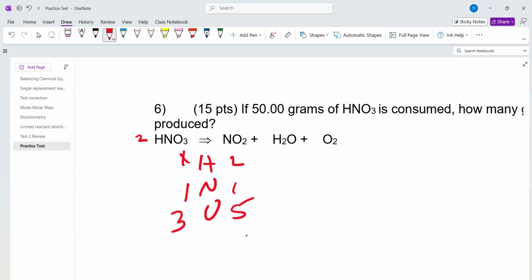So that makes that 2, 2, 6. Okay, so let's fix the nitrogens. We have 2 nitrogens, 2 nitrogens. That kicks the oxygens up to 4, 5, 7.